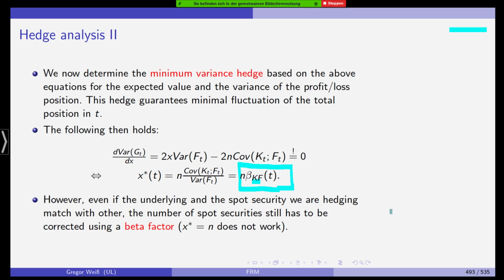So you can see, if the underlying and the spot security have a correlation and a beta factor that is not perfectly 1, then we have to correct for this. So X star, the ideal, risk-reducing and minimal risk number of futures, is not simply equal to the number of underlyings n, but includes the covariance between these two.